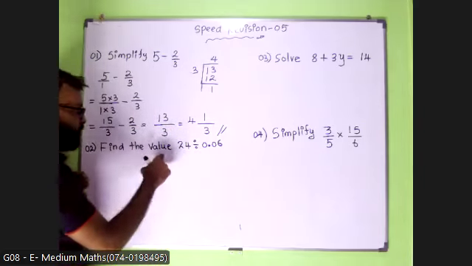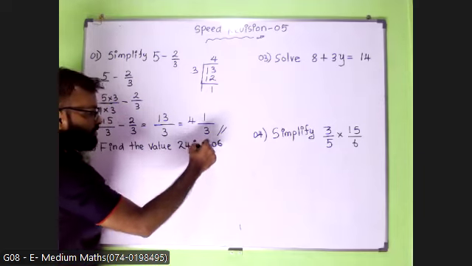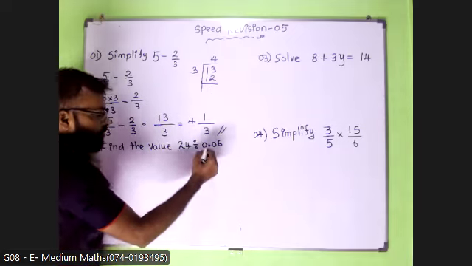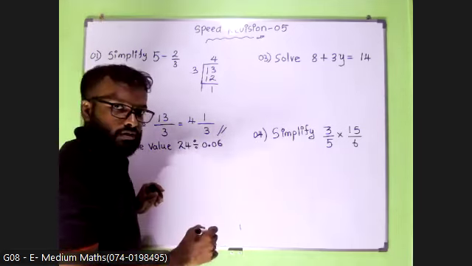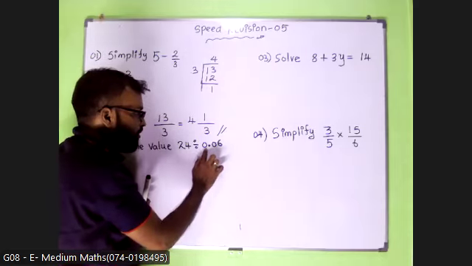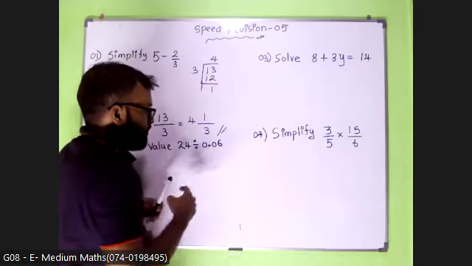Find the value. 24 divided by 0.06. In these kinds of situations, you can follow several ways. Here you have 0.06.